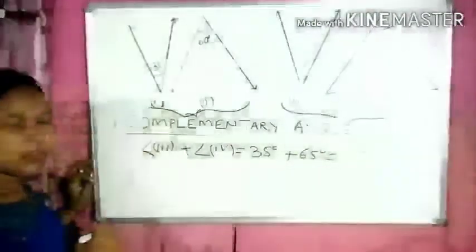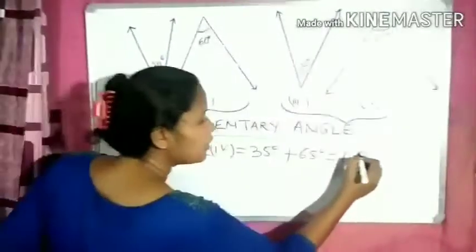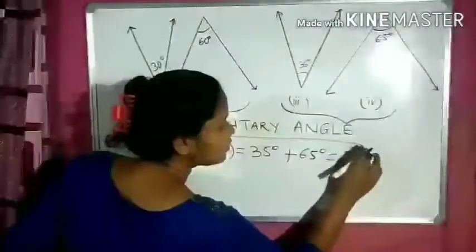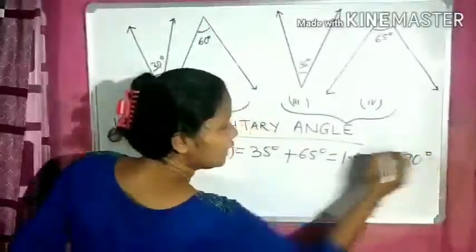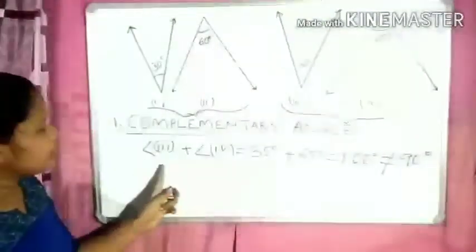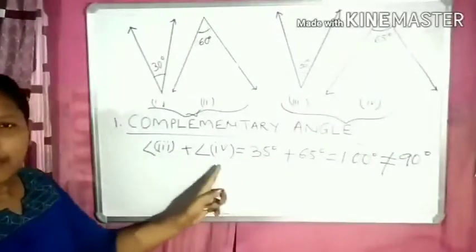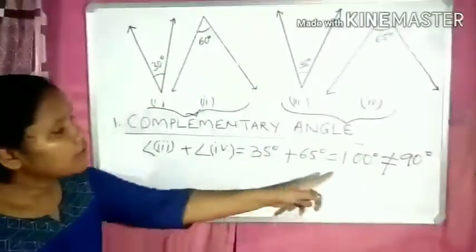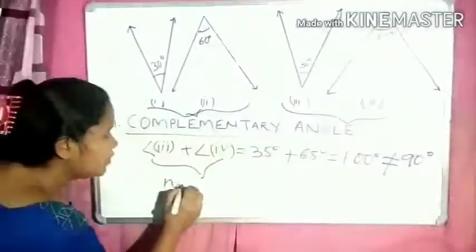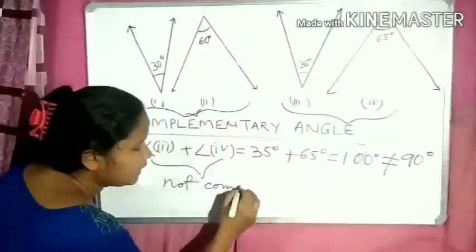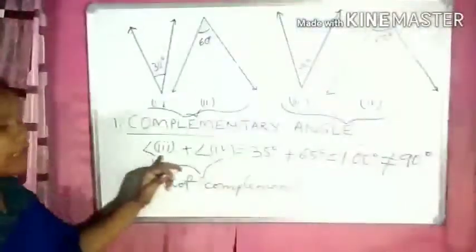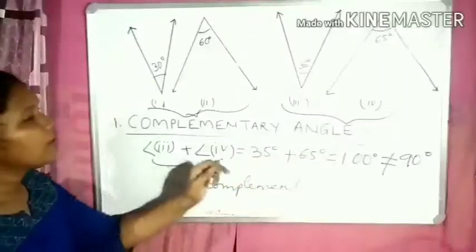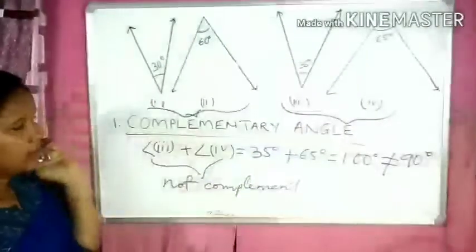So 35 plus 65 equals how much? 100 degrees, which is not equal to 90 degrees. So the sum of angle 3 and angle 4 is not equal to 90 degrees. So these two are not complement to each other. We can write that angle 3 and angle 4 are not complementary angles.